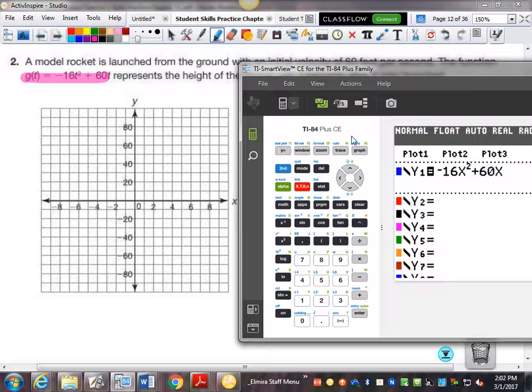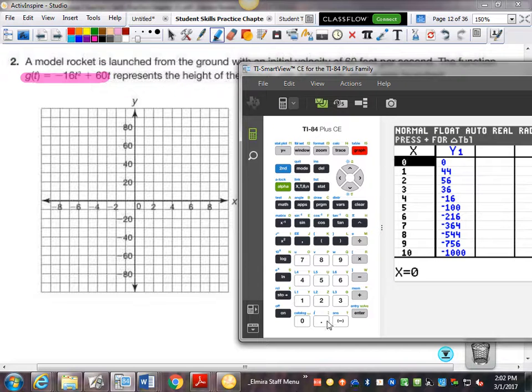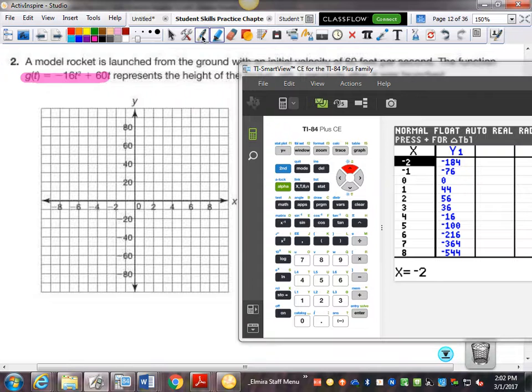Now, I want you to do the graph using your table. Table by default starts at 0, but scroll up. Negative 2 is 184. Ooh, my graph doesn't go down to -184, so I don't need to scroll any farther past that, but I can start graphing at -1 and 76, because that fits.